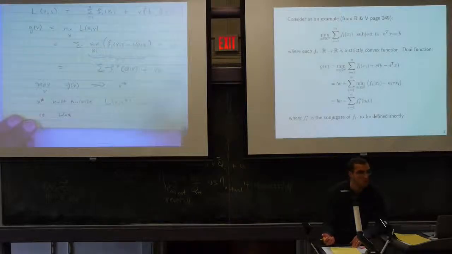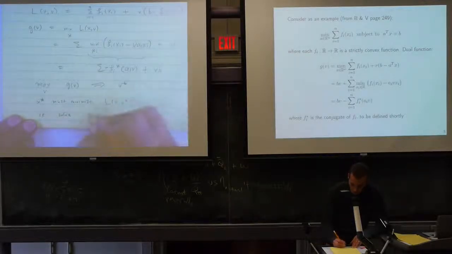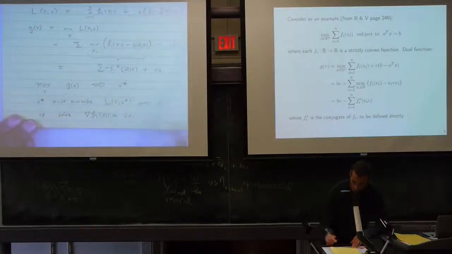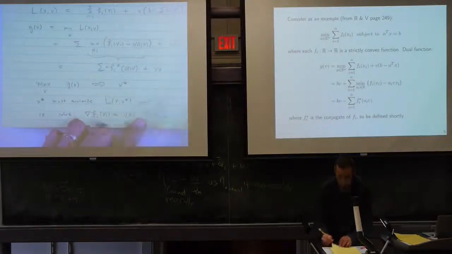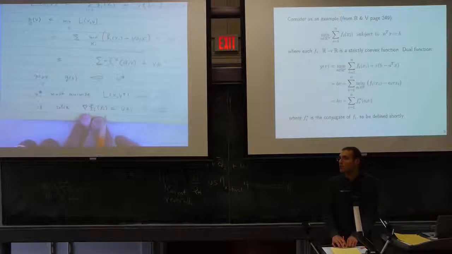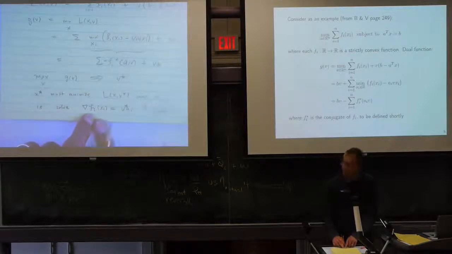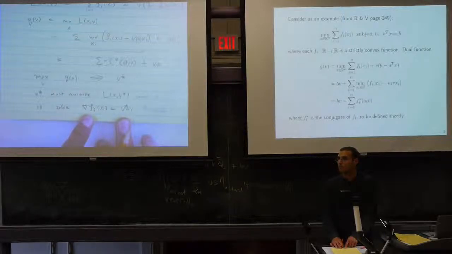Well, I assumed that f was differentiable, so the minimum is given by the gradient being 0, which just says that the gradient of f_i of x_i equals v times a_i. So I solve this for each i. And again, if f is a nice function, this may have an explicit solution. So this will give me just a rule for getting x_i star from v star. Any questions about that?